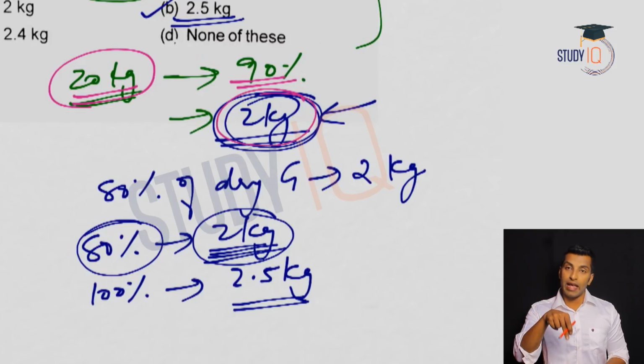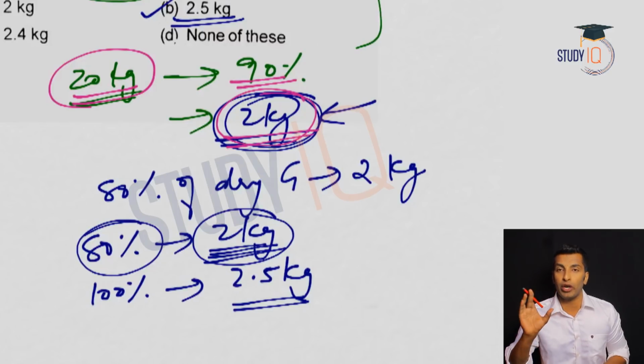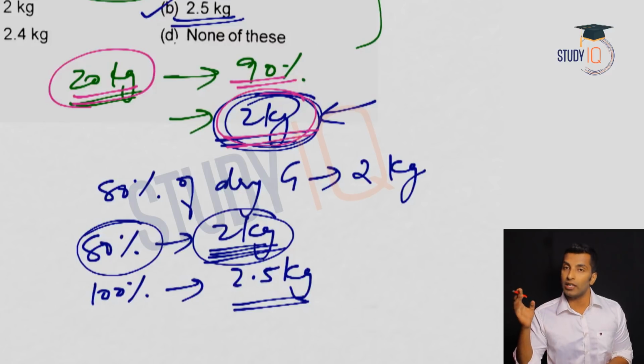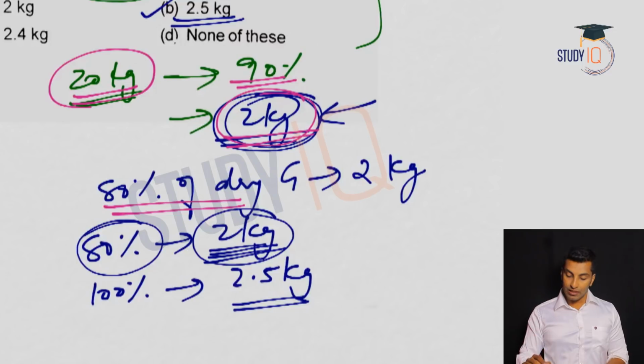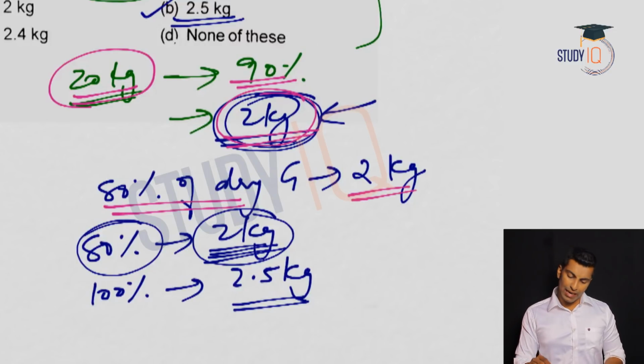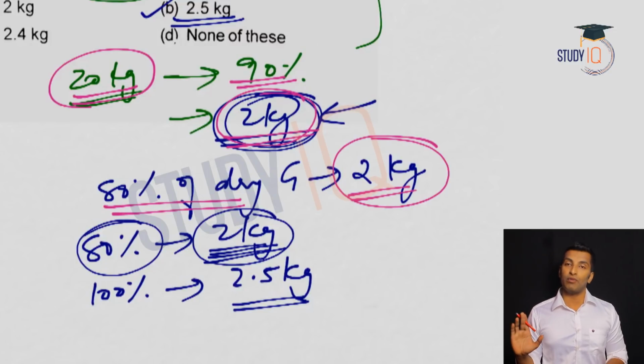But dry grape should contain some water. This 2 kg is actually 80% only, because 20% water should be there. So you need to add that 20% water. Then only it becomes the dry grape category. So 80% of the dry grape is what we got as 2 kg, because 2 kg is pure mass. We need 20% water.